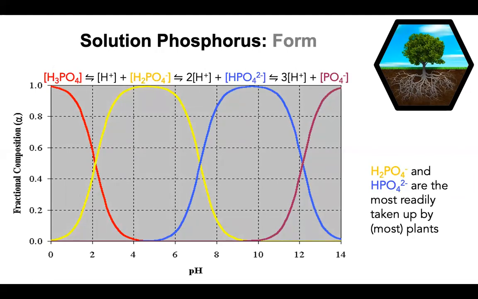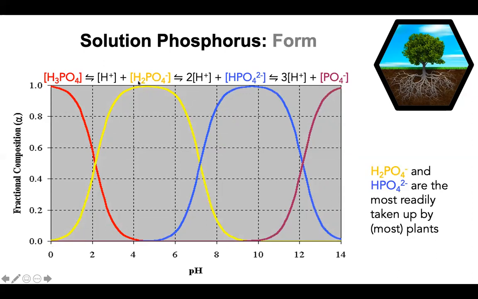So at a lower pH, we have more H+ ions, and we're more likely to find the phosphate in the form of H3PO4. Now, as pH goes up, the relative amount in that form goes down, and more of it is in the H2PO4 form, and we just have the H+ ions in solution.